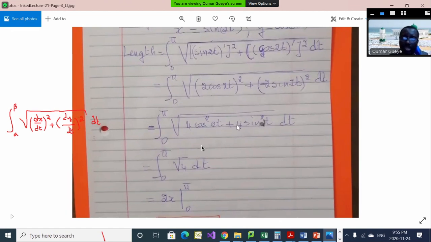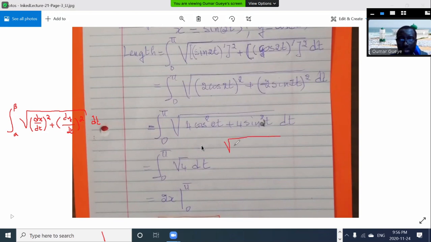So from this step, what I did is, you can see 4 is a common factor. I just took it out, not out of the square root, just factored it out under the square root. Doing so, I get the square root of 4 times cosine squared of 2t plus sine squared of 2t.